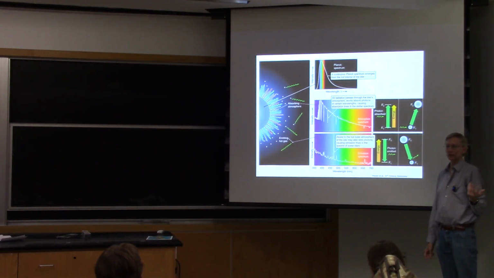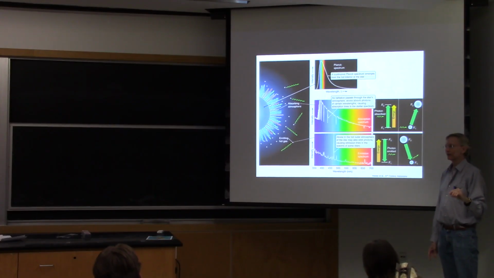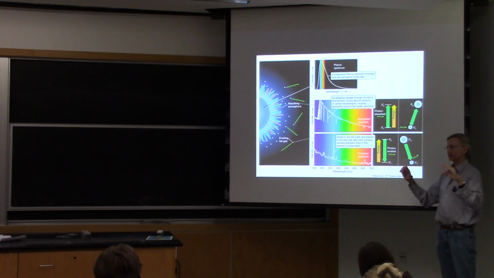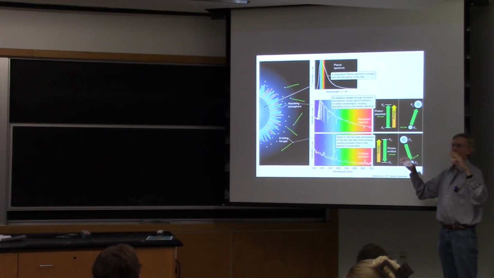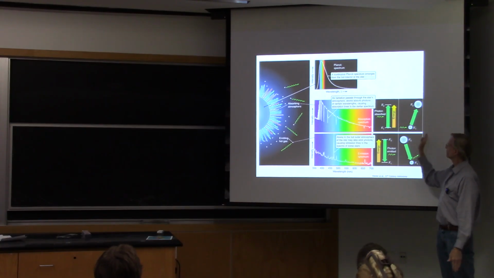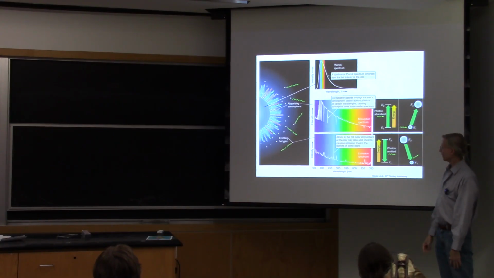That's why stars generally have an absorption line spectrum: the cool upper layers of the star, the atoms there, absorb light from the hotter source of continuous spectrum below, and so we see an absorption line spectrum. There are some exceptions.